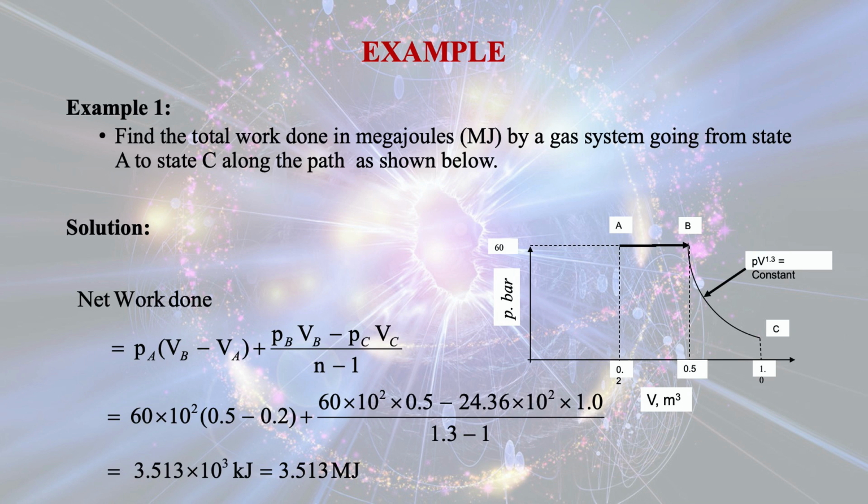So you know the pressure at point B, you know the pressure at point C, you know the volume at point A, volume at point B and volume at point C, and you know the value of n, that is 1.3. So you put the values in that expression for the work done, and finally you can calculate the net work done for this process, and this result is coming out as positive because it is an expansion process, that is work done by the system.